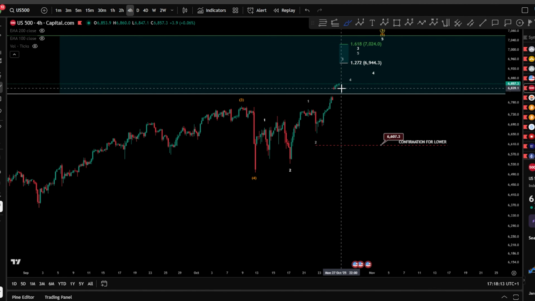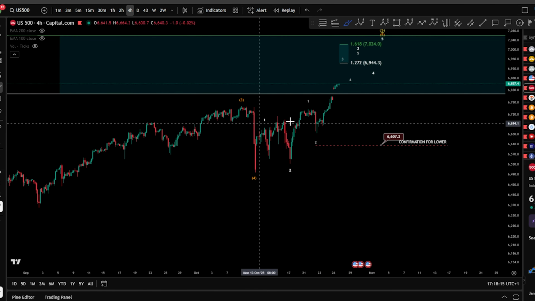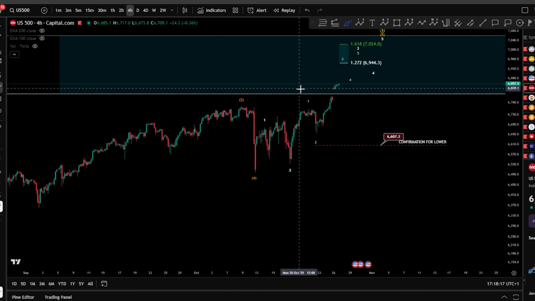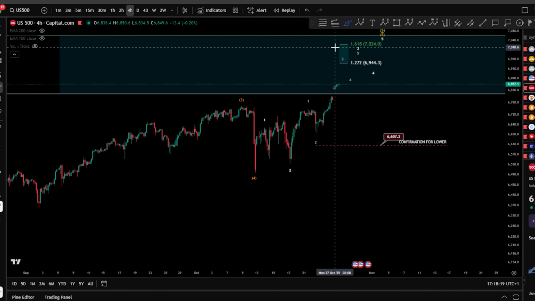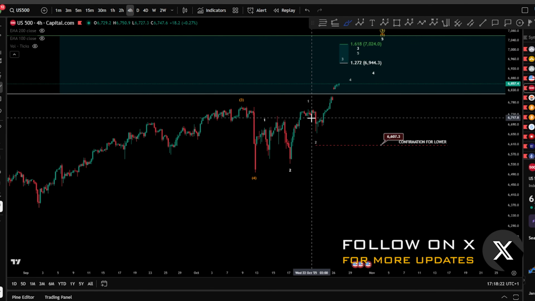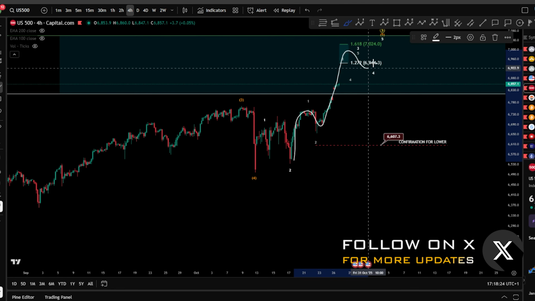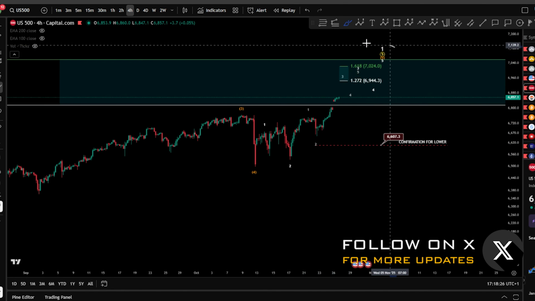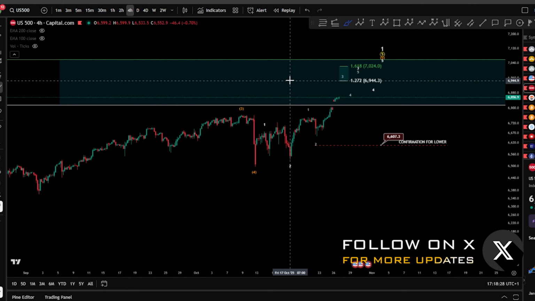The target for a wave 3 here is the 1.618 at 7K for SPX, which might lead to an impulse wave 3, 4, and a 5 to finish up the wave 1s, same as Nasdaq.